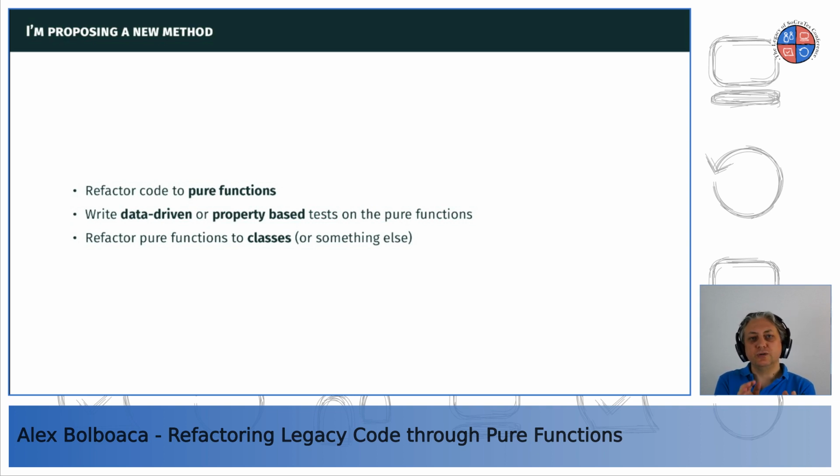And at this point, you don't write tests. You mechanically refactor code to pure functions. Second step, write data-driven or property-based tests on these pure functions, which should be very easy because they are pure functions, and we'll go into details of what they are if you don't know. And then refactor pure functions to classes or something else.